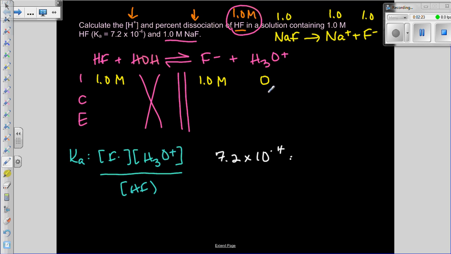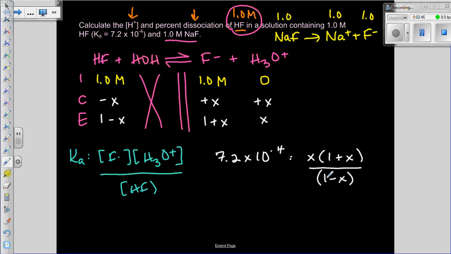This side has a 0, so equilibrium will shift to the side with the 0. So the product side is plus x, the reactant side is minus x. So I have 1 minus x, 1 plus x, and x. In the numerator, I will have x times 1 plus x, and then I will have 1 minus x in the denominator.